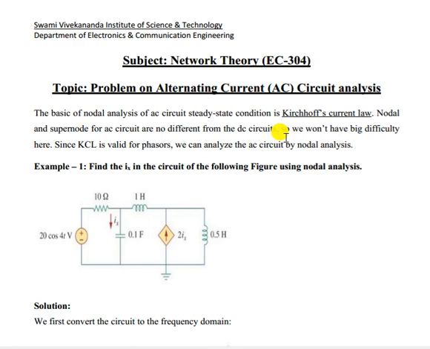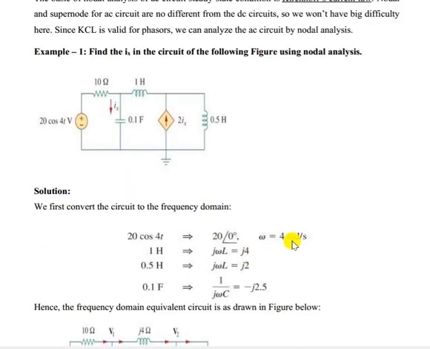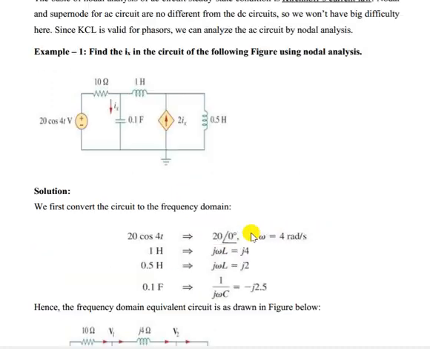Only the calculation part will be a little different because here you have to use the complex number system, in terms of j, and consider impedance. Always remember that XL equal to j omega L and XC equal to 1 by j omega C. And you can calculate all those values.